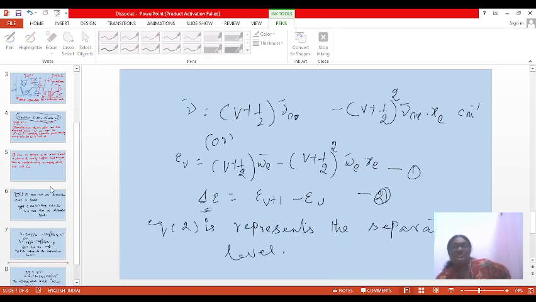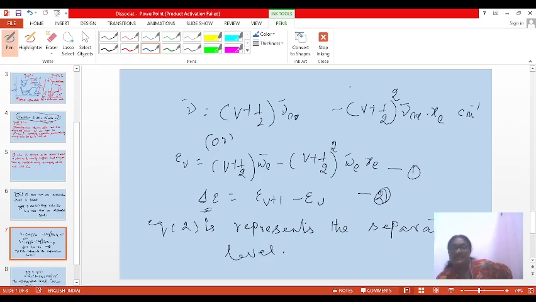This is the vibrational spectroscopy domain of the anharmonic diatomic molecule formula, V plus half. V plus half mu xe, otherwise we write it in the form of V plus half mu xe minus V plus half squared omega E and xe, the equilibrium formula.